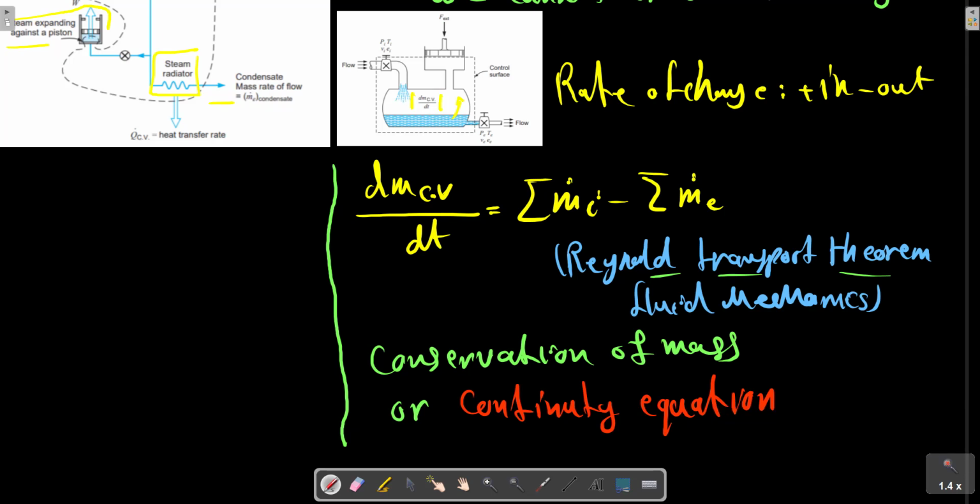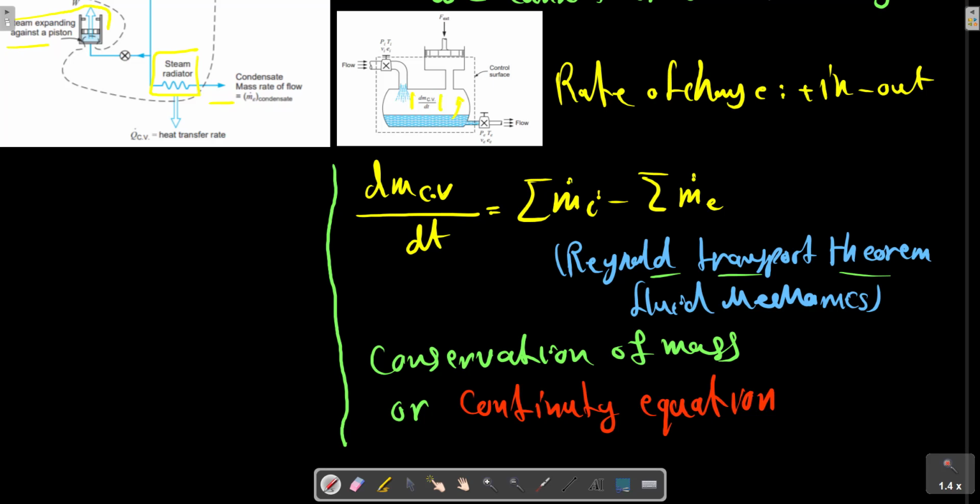Since this equation is written for the total mass inside the control volume, we may have to consider several contributions to the mass.